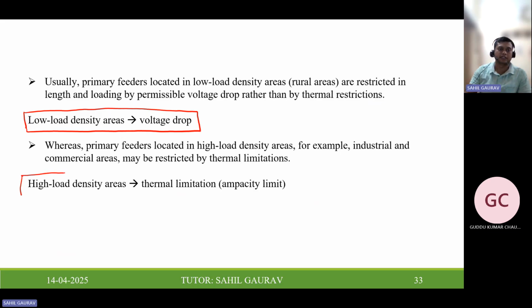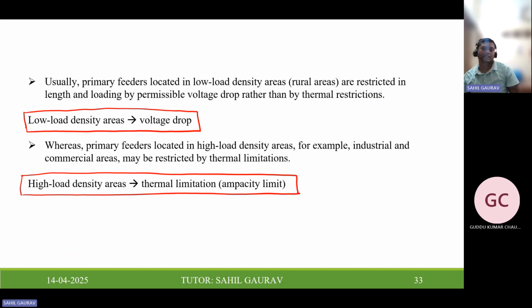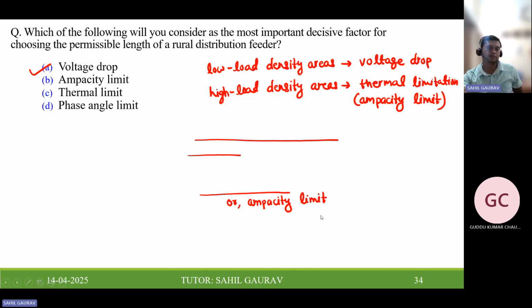So we decide the length of line based on these two conditions. Like voltage drop, we see the voltage drop when we are looking at the length of line in low load density areas like rural areas, while for high load density areas like industrial or commercial loads, we look at the thermal limitation or capacity limit of the line.